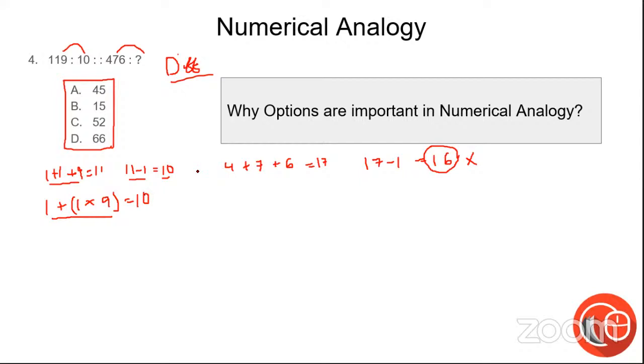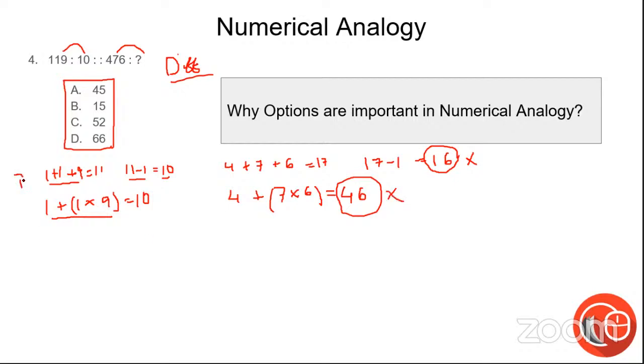Using the same logic on the right hand side, we do 4 plus 7 into 6. 7 times 6 is 42, and 42 plus 4 is 46. We have 45 here as an option, but not 46. If 46 was in the options, that would have been the correct option, but it is not, so this is not the correct one.